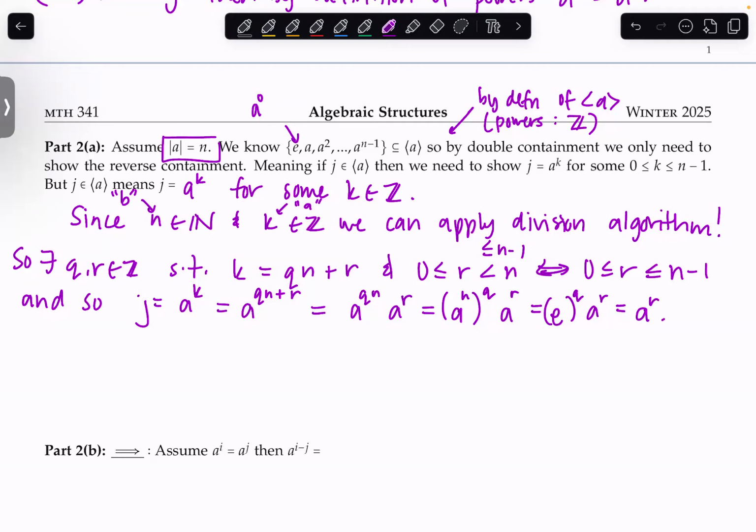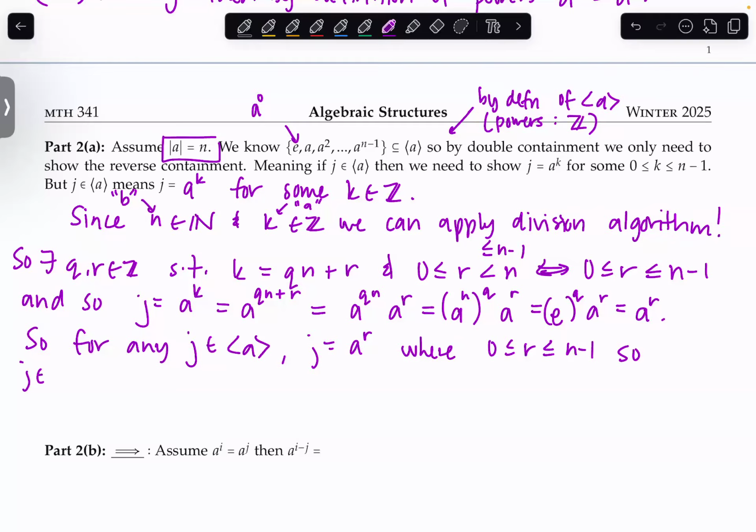Okay, so what we just did is we showed for any element j inside the cyclic group generated by a, we can rewrite j as a to the r, where r is between 0 and n minus 1, including both endpoints.